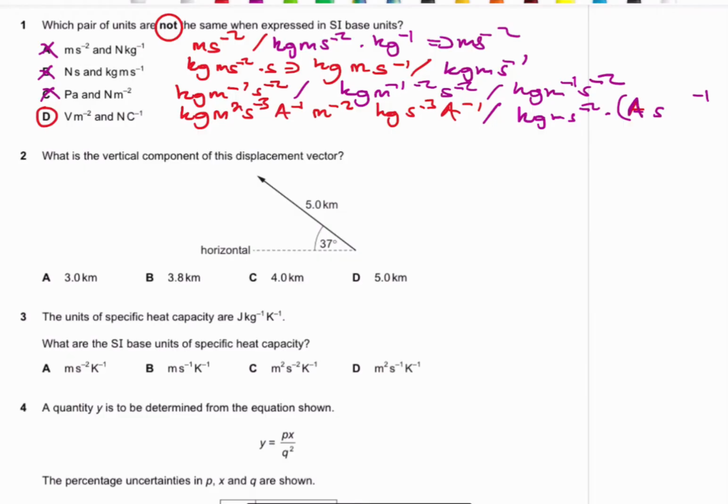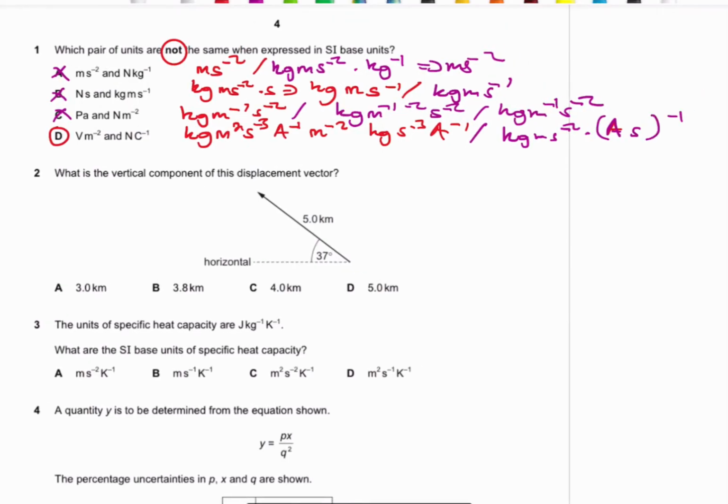C is charge, which is as, so all of that to the power of -1, so it's as to the power of -1. That's going to give us kg m s to the power of -3 and a to the power of -1. But that is not the same, because this one is m to the power of 2. So the answer has to be D.